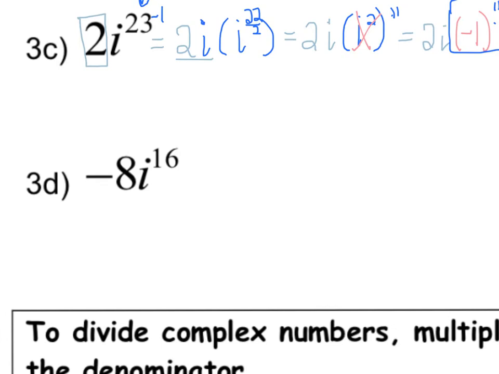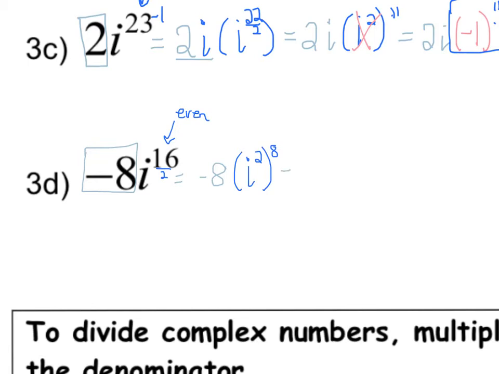In 3D, we have this -8 out front, so we're just going to write it in front of our entire answer the whole way. i to the 16th, 16 is an even number, so that means we can go directly to rewriting it as i squared to the, well, 2 times what equals 16? Or if you think about it as 16 divided by 2, that's 8. So 2 times 8 is 16. We have the -8 out front.